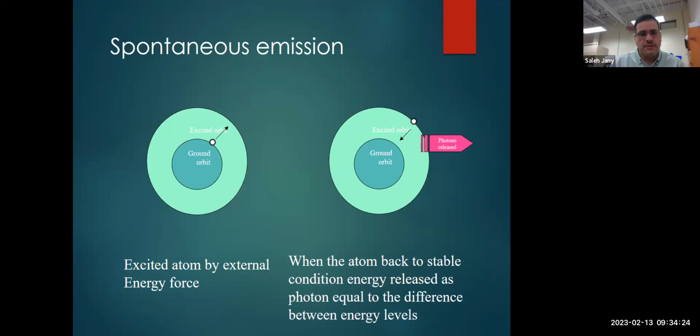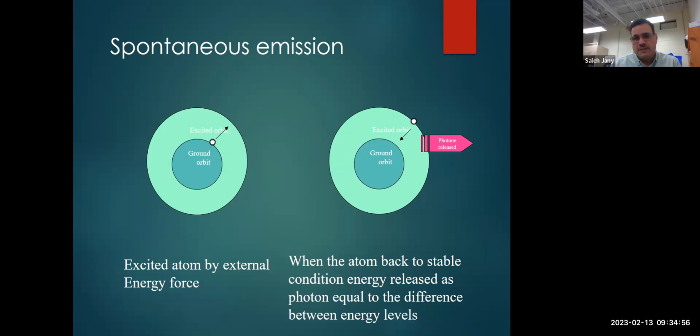If you're interested in this, I'm telling you about the spontaneous emission, how the photon comes. Imagine you heat something, a piece of metal. The electrons flying around the nucleus will get energy, and they will jump to a higher energy level.